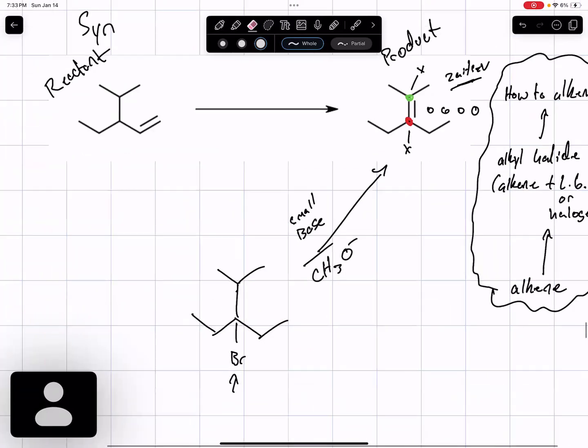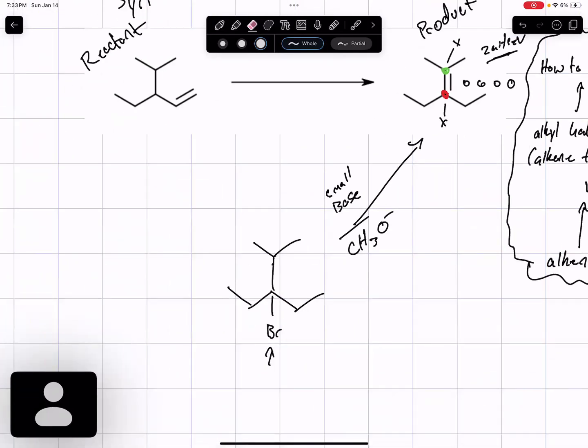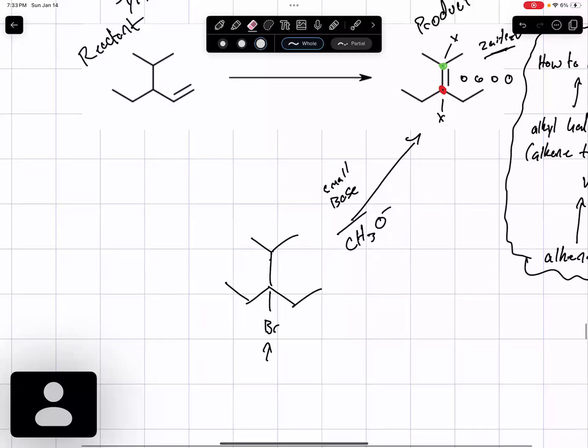But how do I make this alkyl halide? There's only one more step to this. I could have just had one more step and I get to here. I'm working backwards. So I make an alkyl halide from an alkene. This is the alkene.